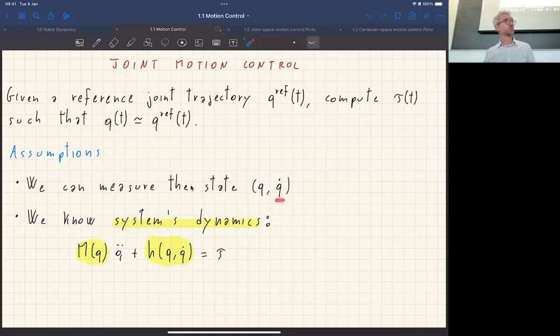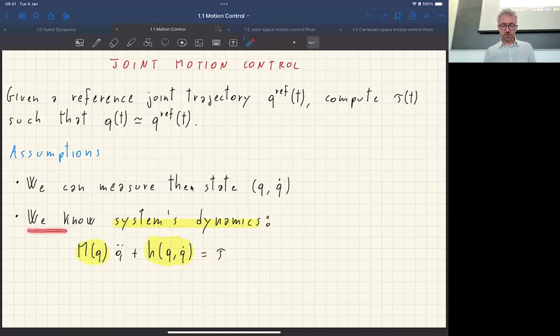So what you need to do in practice when you're working on a real system is use your measurements of the joint angles to design an estimator to estimate the joint velocities. So this assumption is not really true in practice. However, designing a velocity estimator is very simple and it works very well in practice. So it's not far from being true. It's not a big deal.